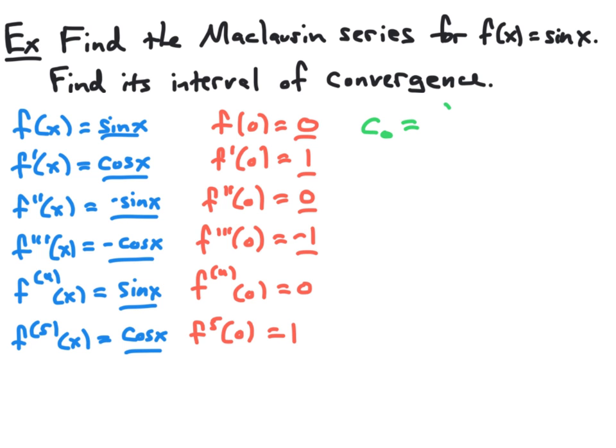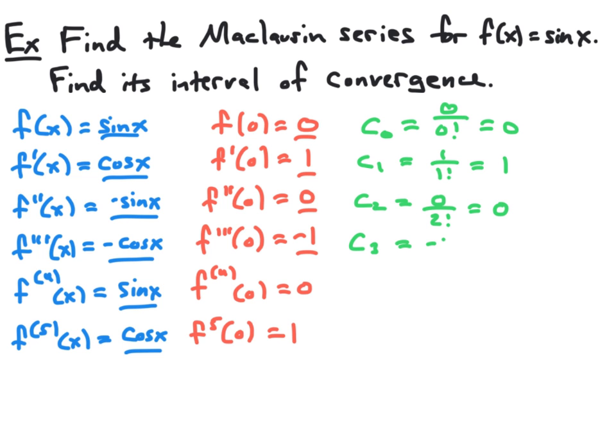C sub 0 will therefore be 0 over 0 factorial, which is equal to 0. C1 will equal 1 over 1 factorial, which is equal to 1. C2 will equal 0 over 2 factorial, and that will be 0.